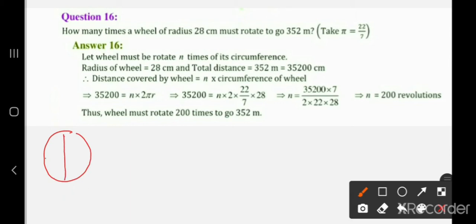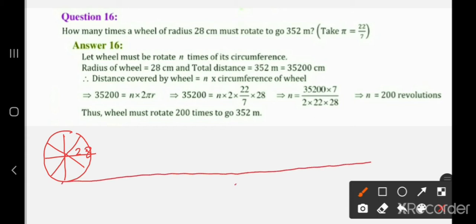Now this wheel's radius is 28 centimeter. So how many times should this wheel rotate so that it covers 352 meter? That is the question.